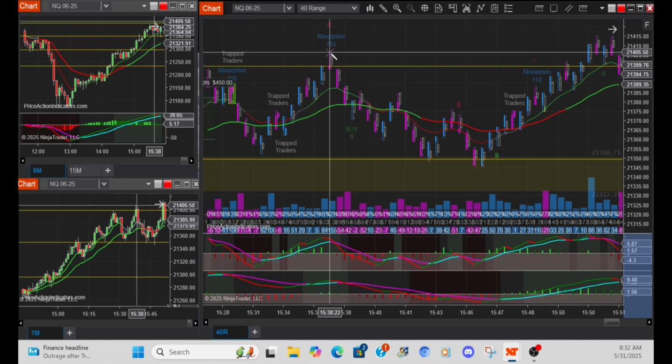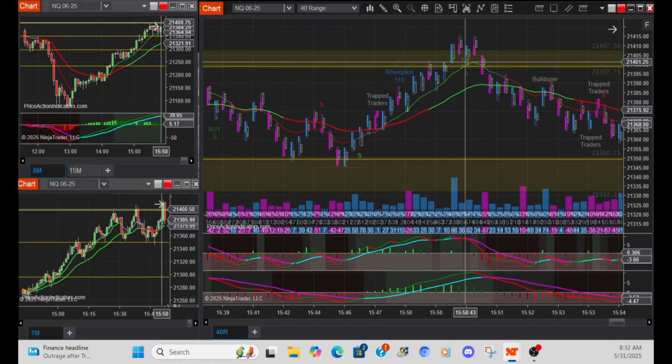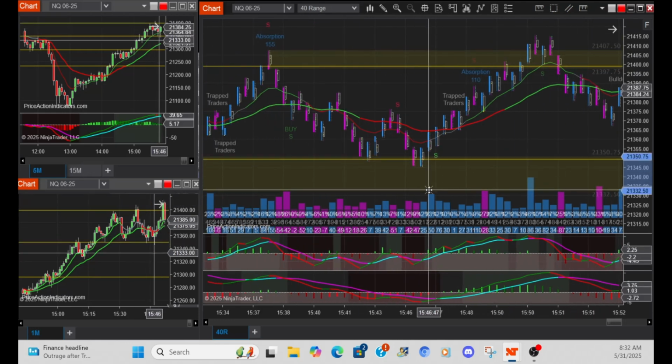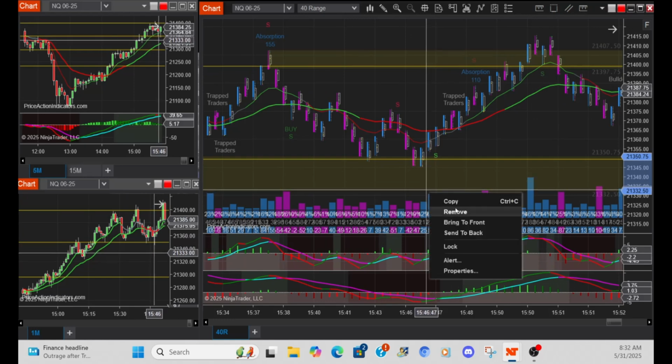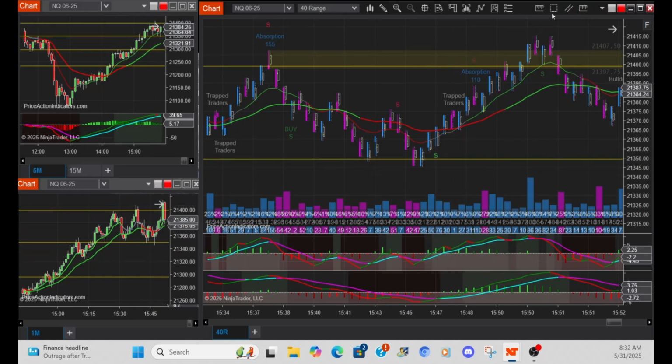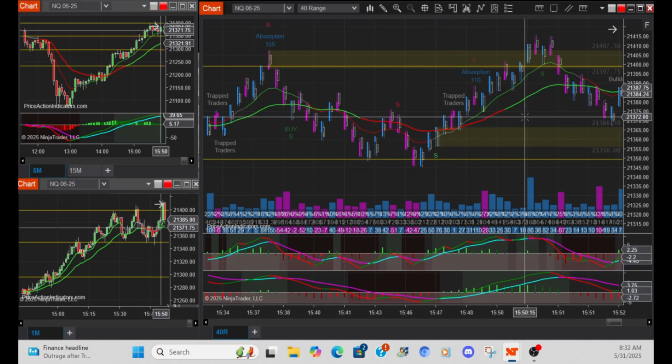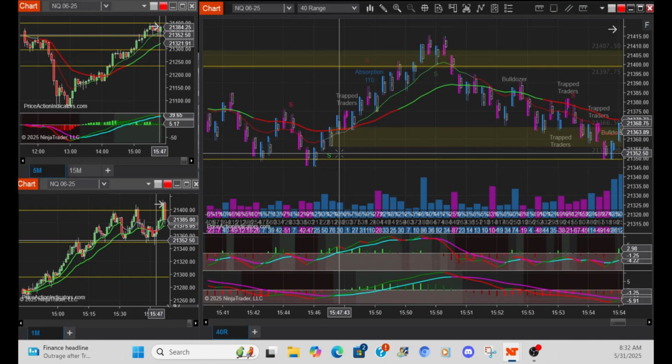Okay. Effectively, do this here with this zone. All right. This zone down here. Move that. And then you actually had a zone right here with this surge. Okay.